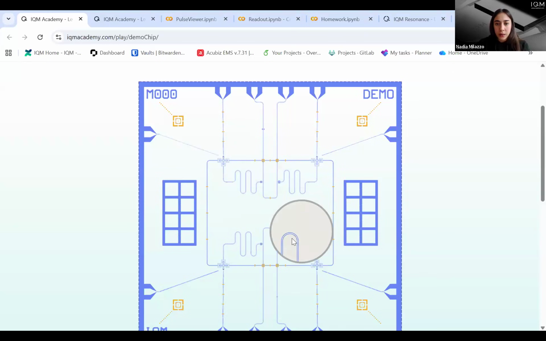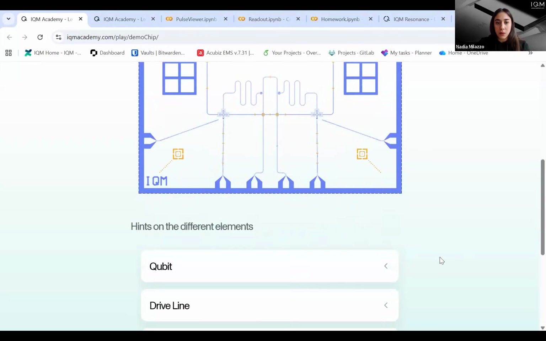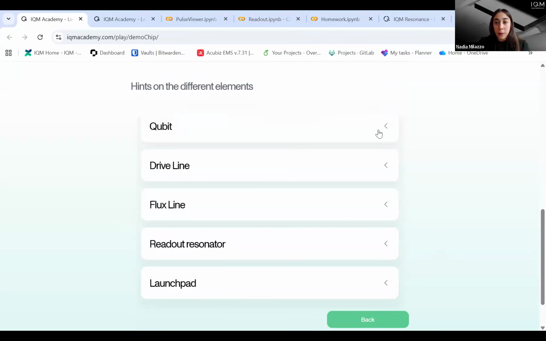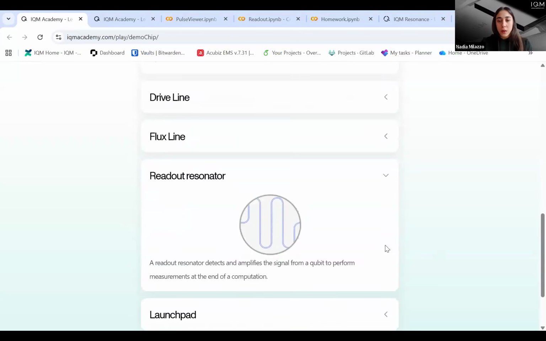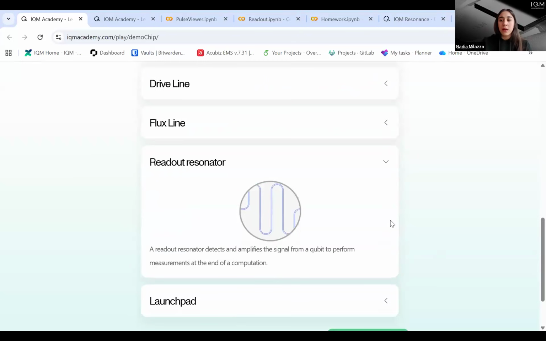We can actually find some answers if we scroll down to where these are defined. So the qubit, we already know what that is. But for example, this wavy line represents our readout resonator, and this will be very important for our lab today because it will be about the readout of qubits.